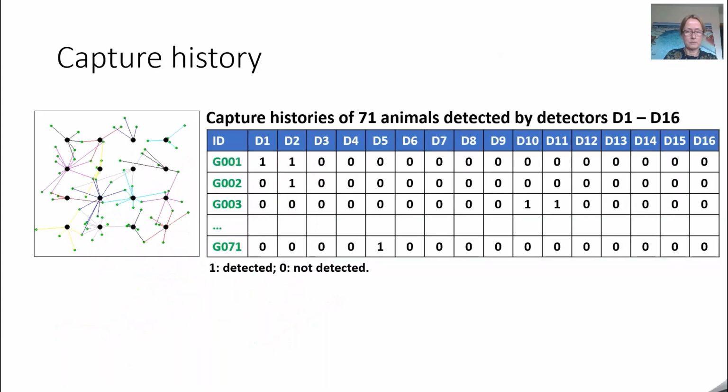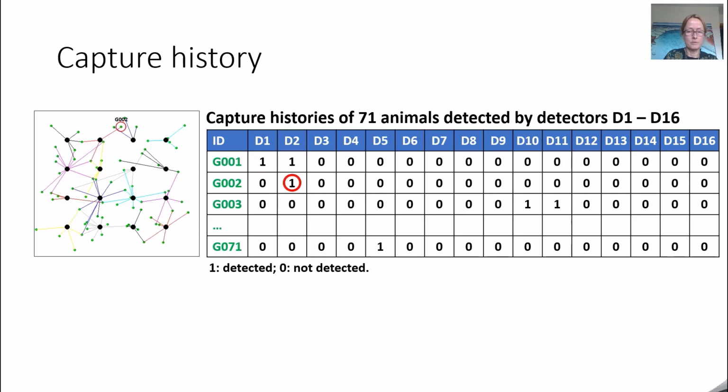We have a table that looks similar to the previous capture history, with rows, which are the individuals, and columns, which are the detectors, except now each animal will have 16 entries in its capture history, which can be ones or zeros, of course. Animal G1, for example, was detected by detectors 1 and 2 and not by any other detector, so it gets 2 ones in the correct locations and otherwise zeros.